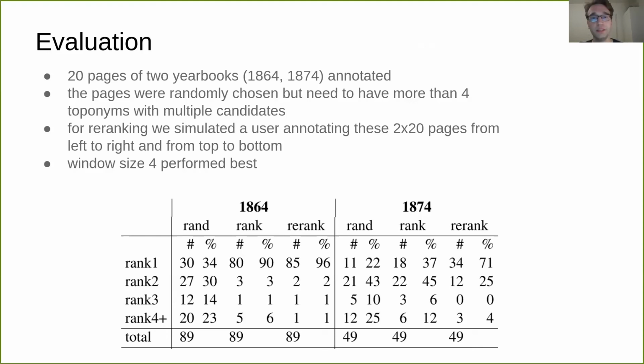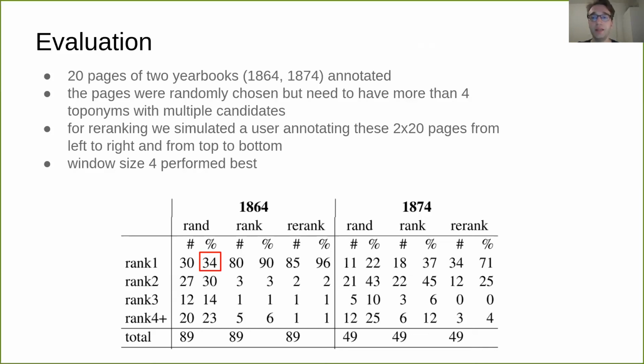So let's look at the results table. We divided the results by yearbook, and as a baseline, we randomly sorted the candidates and then compared that with ranking and re-ranking. And to explain the rows, for each setting, we see how many correct candidates were placed on the first rank, on the second, and so on. So for 1864, we see that a random baseline leads to 34% of correct candidates on the first place.